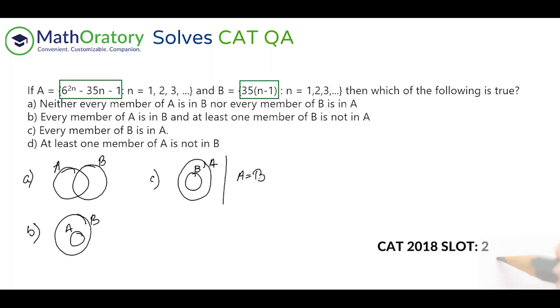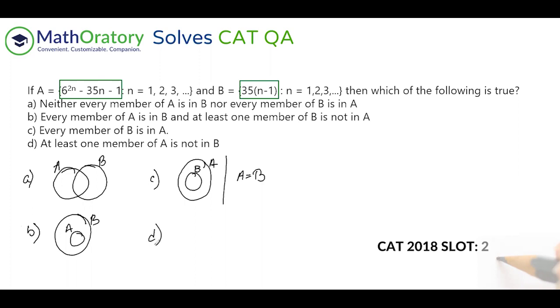Both of these would satisfy this criterion. But the A equal to B case cannot be possible, because if A equal to B is the case, then both C and B would be correct answers, right? Okay, no. B says at least one member of B is not in A, so that is a proper subset. Yeah, that's fine. B says A is a proper subset of B, but C says that B is a subset of A, not necessarily a proper subset. Great. So either of these two options, fine.